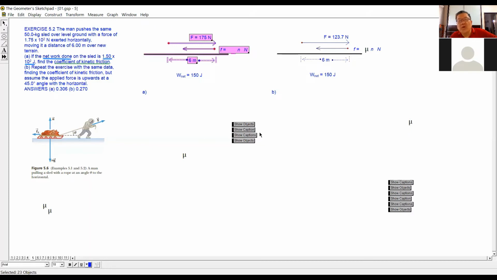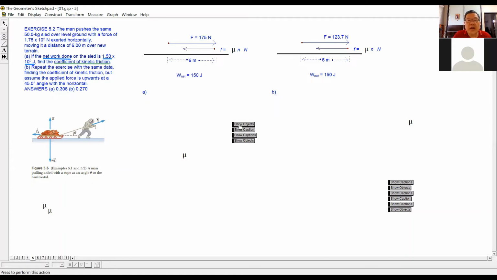There are two forces here, 175 and the frictional force mu N. You are given the net work done is 150. So what you need to do is try to relate these three things: the applied force, frictional force, and the net work done.